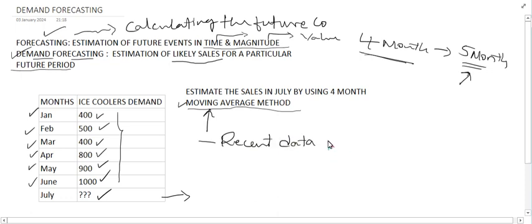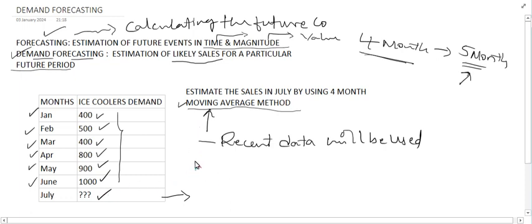Recent data we need to use for estimating the future sales. That is the first thing you need to understand, the recent period data. For example, June, May, these are the recent periods.